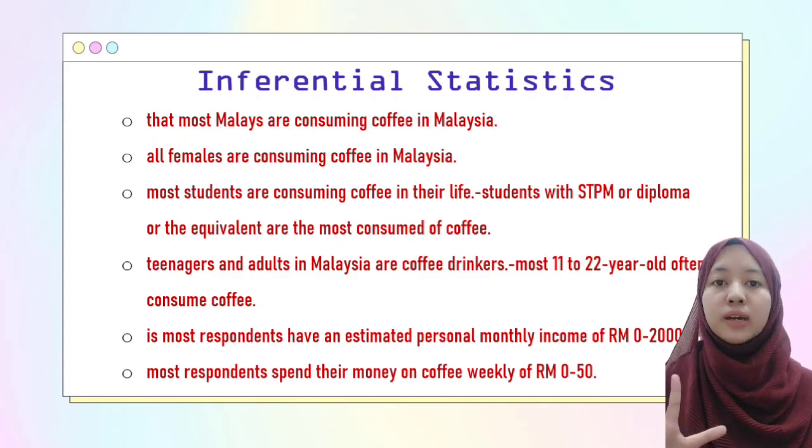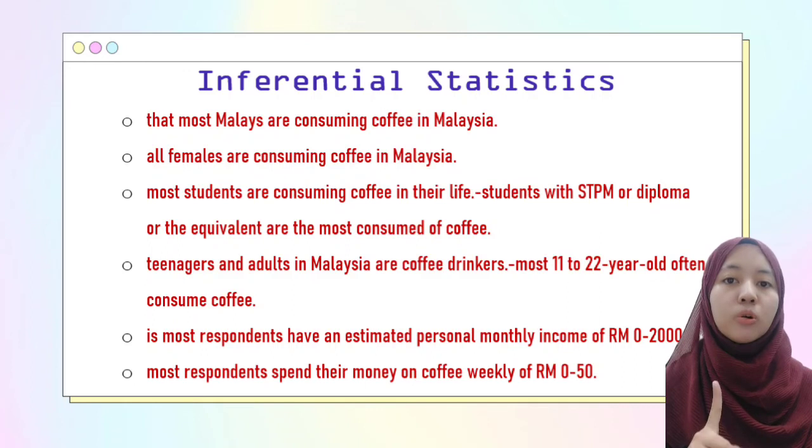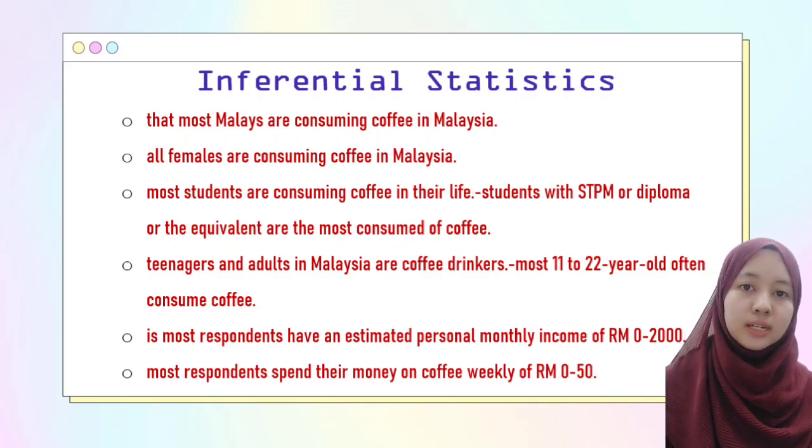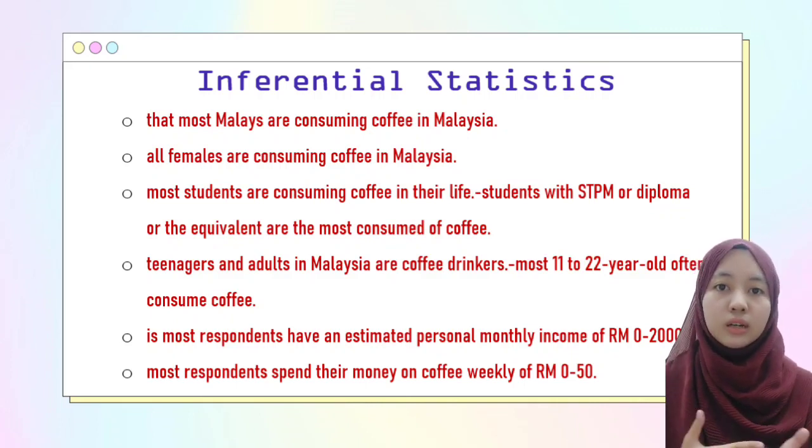For question 5, the number of coffee drinkers is more than the amount of non-coffee drinkers, which is 120 respondents. The number of non-coffee drinkers is less than the number of coffee drinkers, which is 48 respondents. A possible inference drawn from the study is teenagers and adults in Malaysia are coffee drinkers.